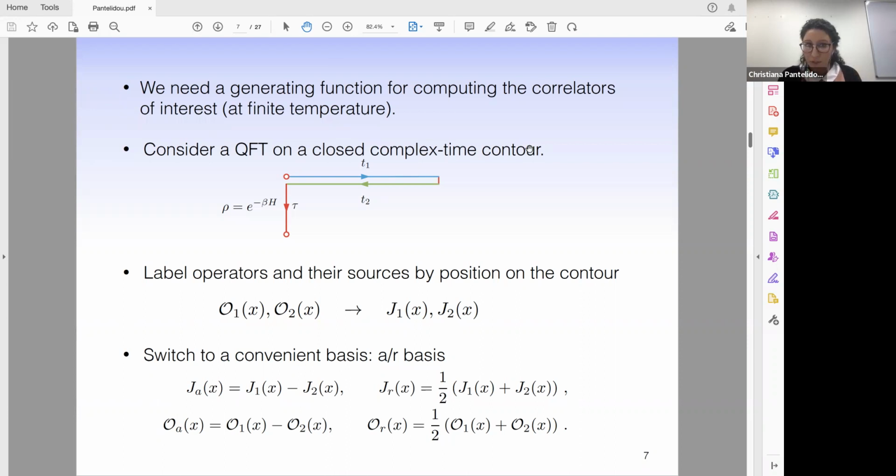So we're not considering a quantum field theory in Euclidean time. We are not considering a quantum field theory in Lorentzian time. Instead, we're considering a quantum field theory that lives on this closed contour that is complex in time. Okay. So let me walk you through this complex contour.